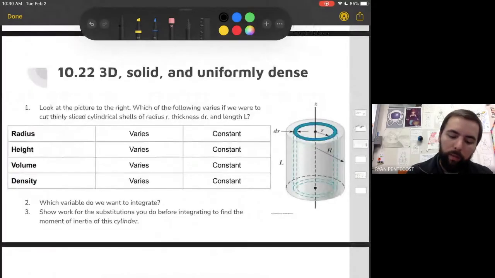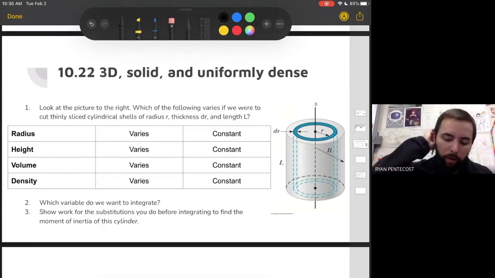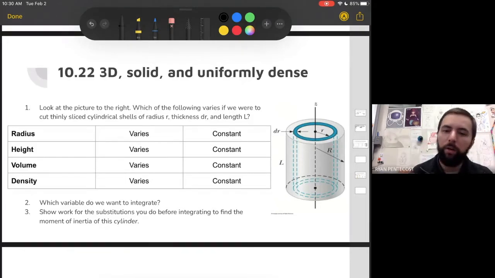Now, let's talk about 3D solid and uniformly dense objects. First, we're going to look at this picture on the right and answer this question. Which of the following varies if we were to cut thinly sliced cylindrical shells of radius r, thickness dr, and length L? So as we cut shells through this cylinder, we're going to have to either start at the center and go outward, bigger and bigger, or start at the outside and go smaller and smaller, right?